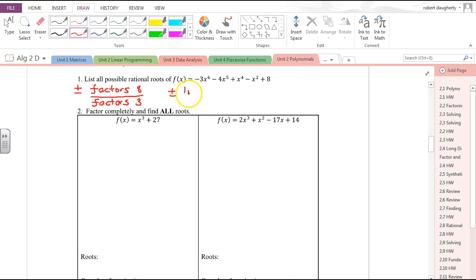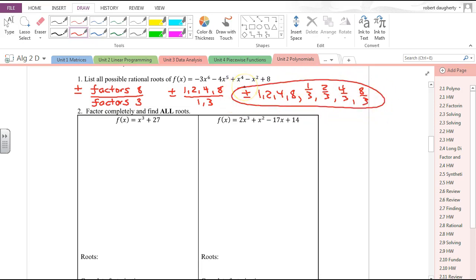That's plus or minus 1, 2, 4, 8 over 1 and 3. So my total list is everything in the numerator divided by 1, and everything in the numerator divided by 3: 1/3, 2/3, 4/3, and 8/3. So those are all the possible rational roots for this polynomial.